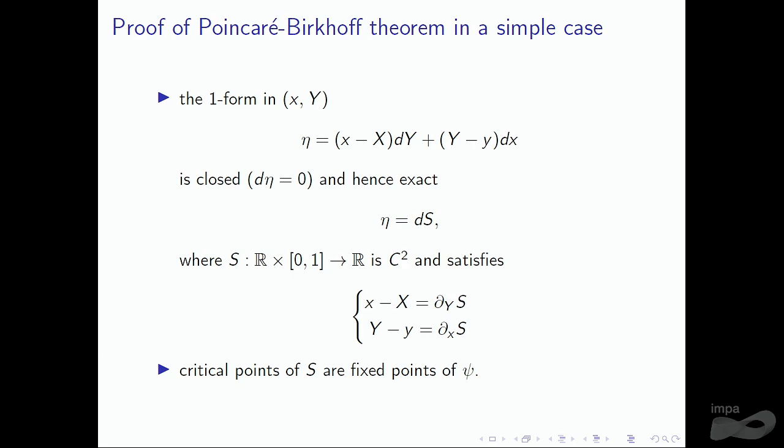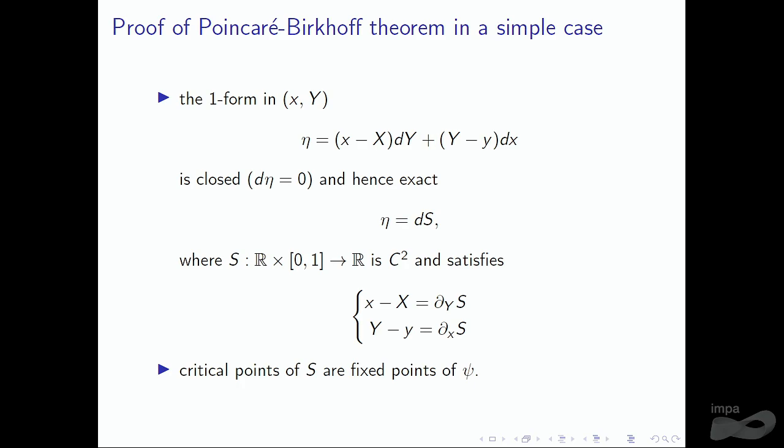So the derivative of s is periodic, but s might not be periodic, only the derivatives. So we have to show that, in fact, this function is periodic. Not only the derivatives, but the function itself is periodic.